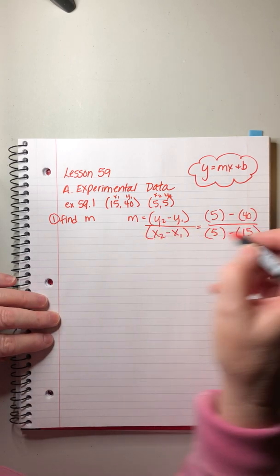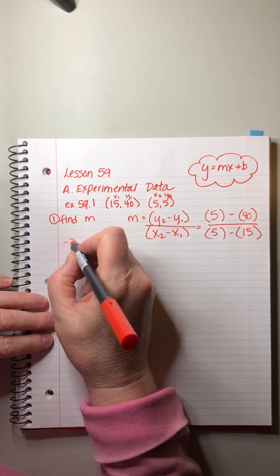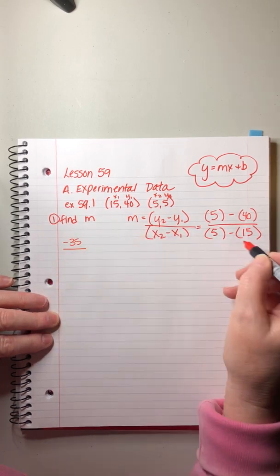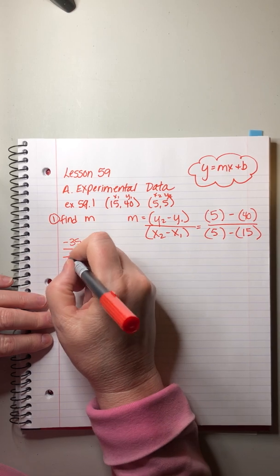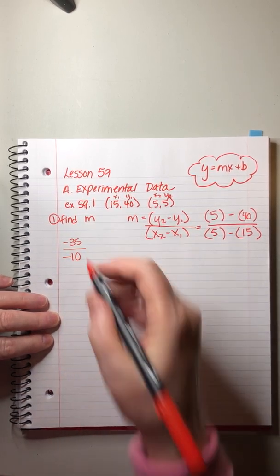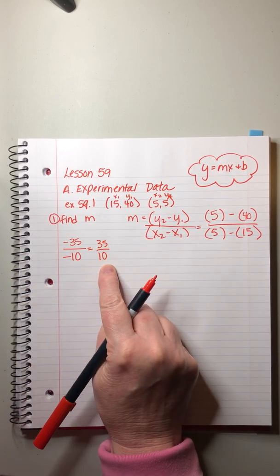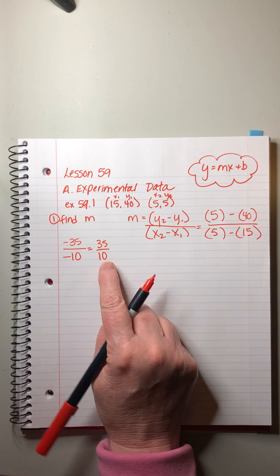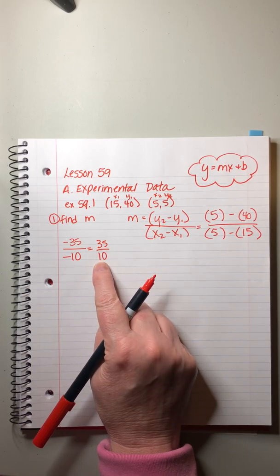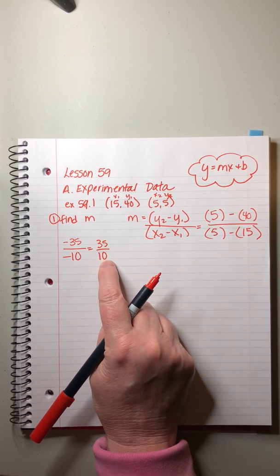5 minus 40, I'll write it over here, it's minus 35 over minus 10, right? So that equals, we can change it to 35 over 10. Now, my gut instinct is I want to leave this in fraction form. I want to divide top and bottom by 5 and get 7 over 2.